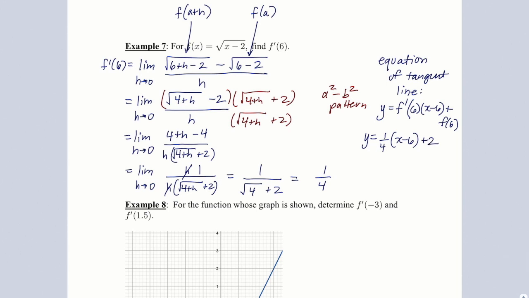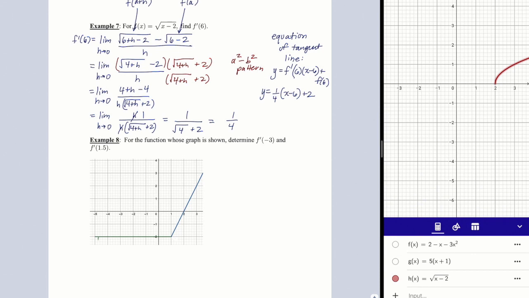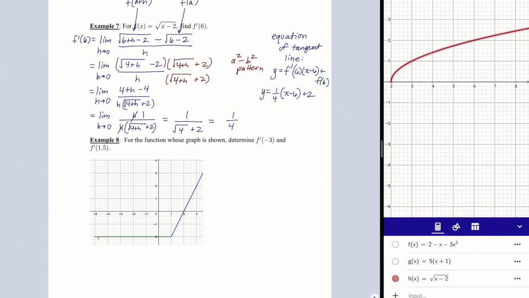And let's just graph it to make sure we didn't make any errors. All right, so now we have the square root of x minus 2. I'll get rid of those two functions, and then we're going to slide over a bit because we want the tangent line at 6, f of 6.